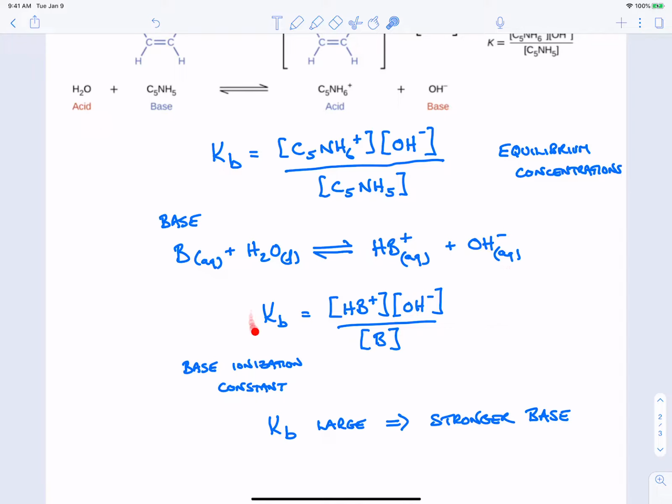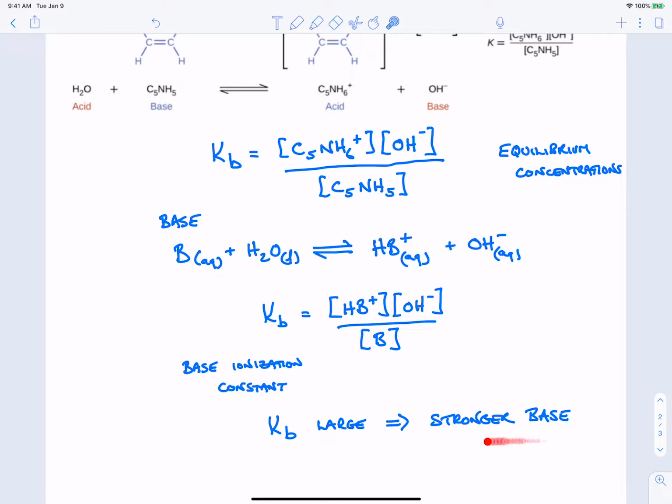And so the value of Kb, because it's at equilibrium concentrations, is given the term Kb because it's the base ionization constant, because we're dealing with a base. And so it's the concentration of the products divided by the reactant.